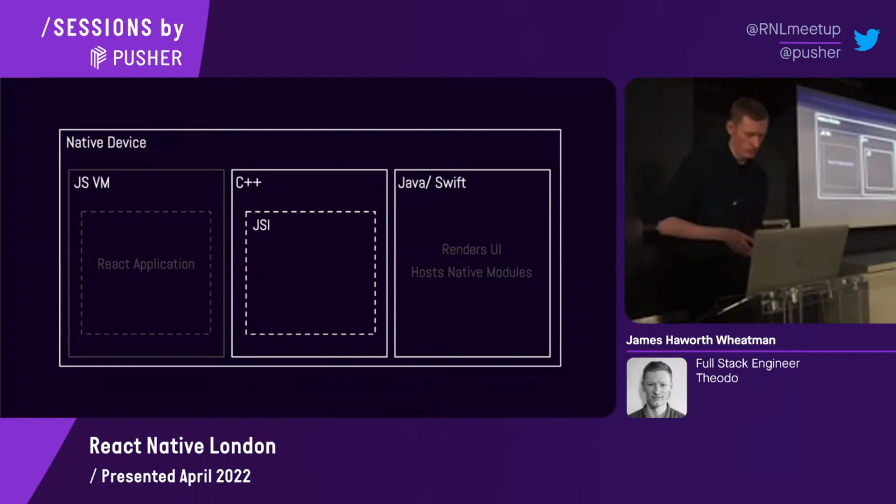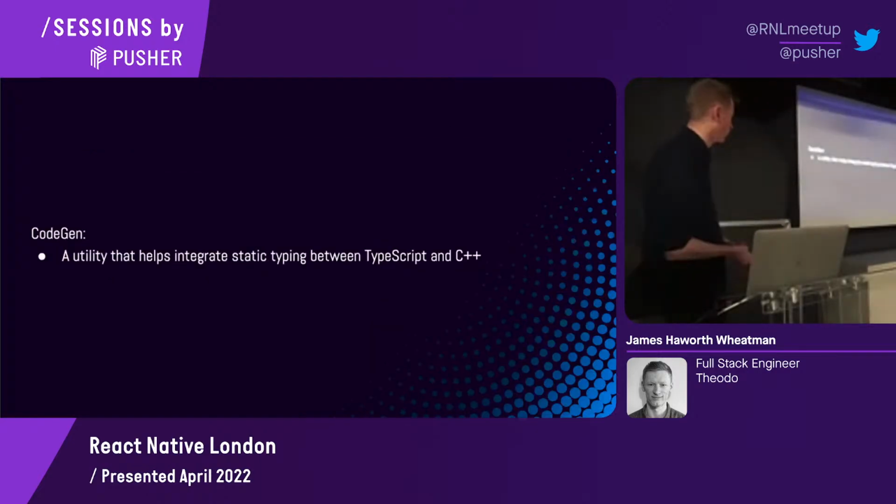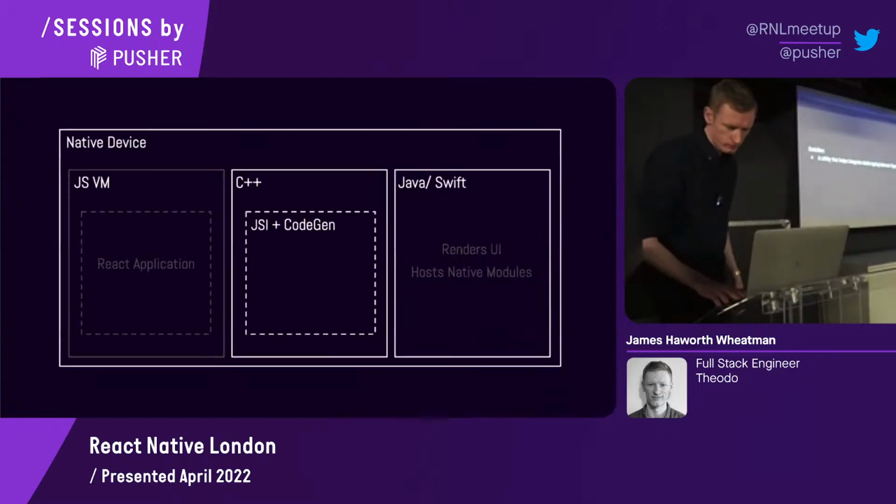They're going to be introducing a utility called CodeGen, which is going to help us integrate static typing between TypeScript and C++. You can also use Flow. If you're writing a native module now, CodeGen is going to be this tool which will allow you to generate a lot of the boilerplate code, a lot of the interfaces, and it bases that off TypeScript. So TypeScript can be your source of truth if you're ever delving into the native world yourself.